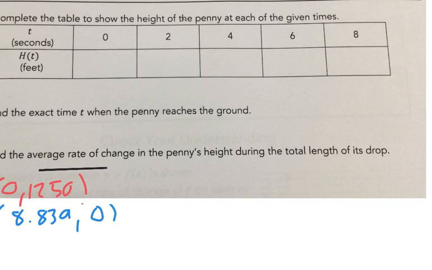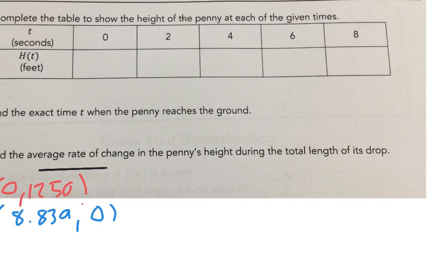So here it says find the average rate of change in the penny's height during the total length of its drop. Well, what keyword am I seeing here? The average rate of change. The slope. I'm finding the slope of a line if I connected 2 points for the entire drop of the penny. So what are my 2 points then that I'm going to plug into the slope formula?